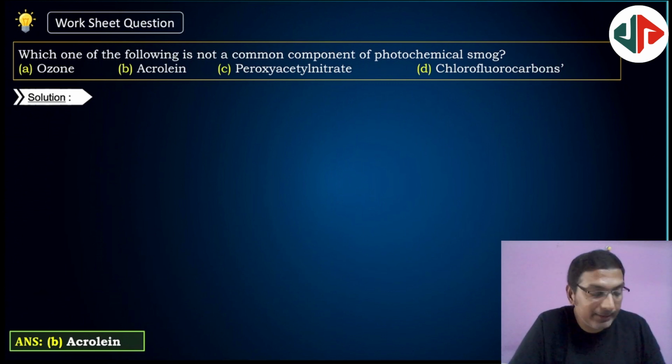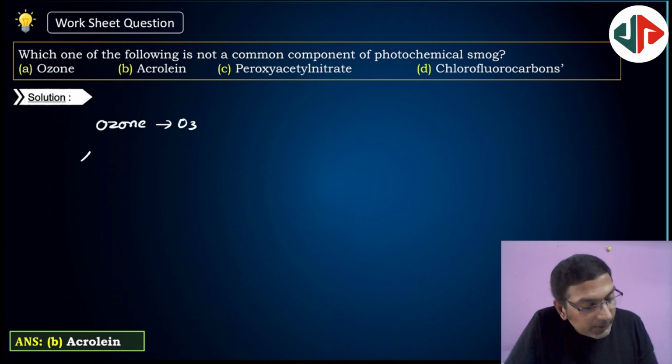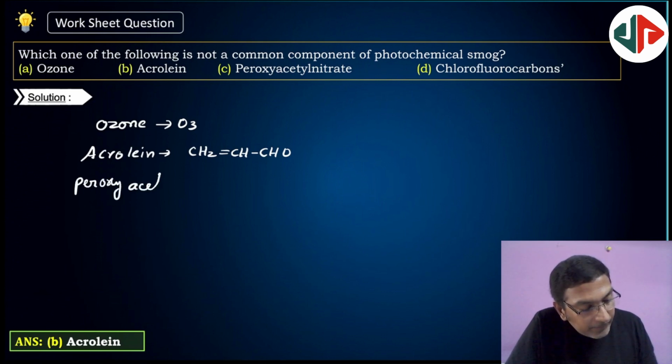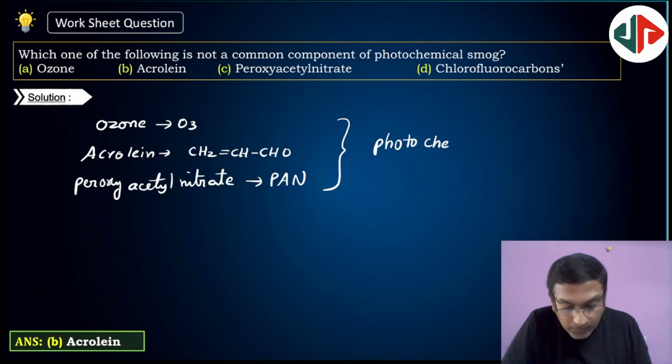O3, that means ozone, acrolein, which means vinylaldehyde, peroxyacetyl nitrate, which is commonly known as PAN, are components of photochemical smog.